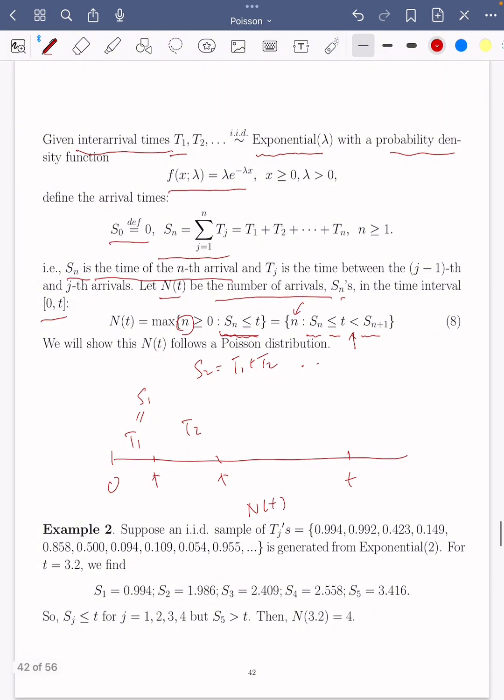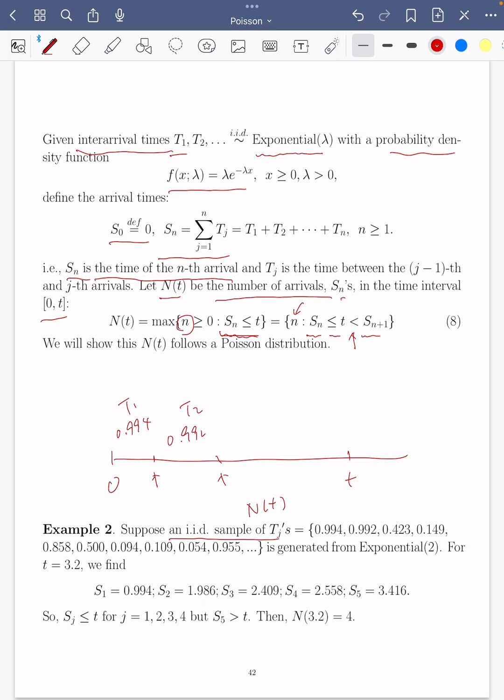So here's one example, just to show you the data structure. Suppose that we have an IID sample of T, and the first value is 0.994, so that's T1. And T2 is 0.992, so that's T2.